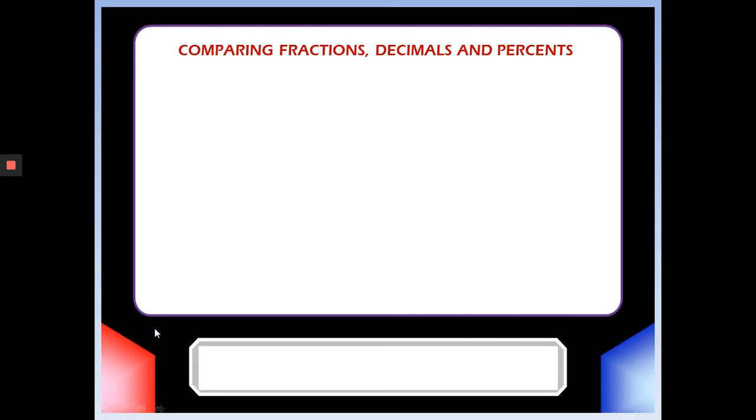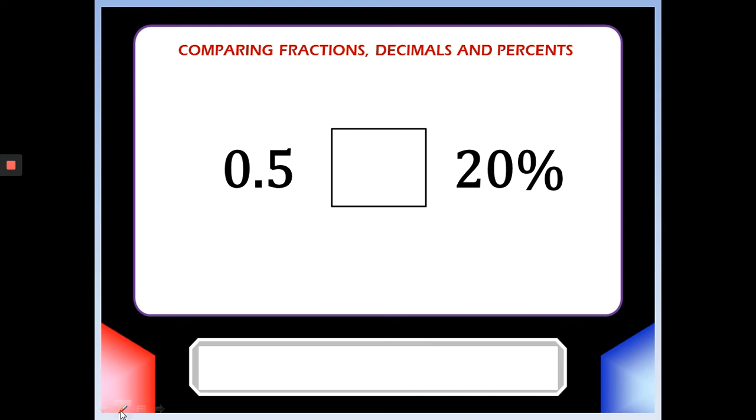Now, how are we going to compare numbers which are different, like this? This is a decimal, and this is a percentage. Can we compare them? They might look different, but their values could be the same.